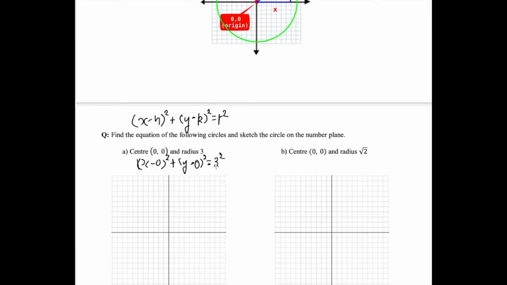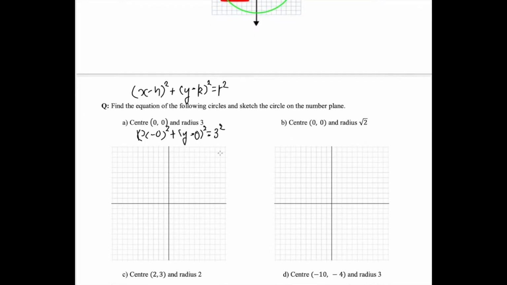And we can simplify this. I'm just going to simplify it here, okay? So that becomes X squared plus Y squared equals 9.